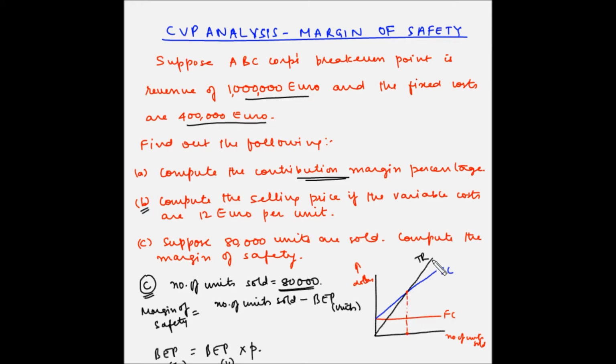And let's say the number of units sold is this here. So this difference here is the margin of safety. So if the number of units sold goes below this point, which is the break-even point, then the company starts making losses.